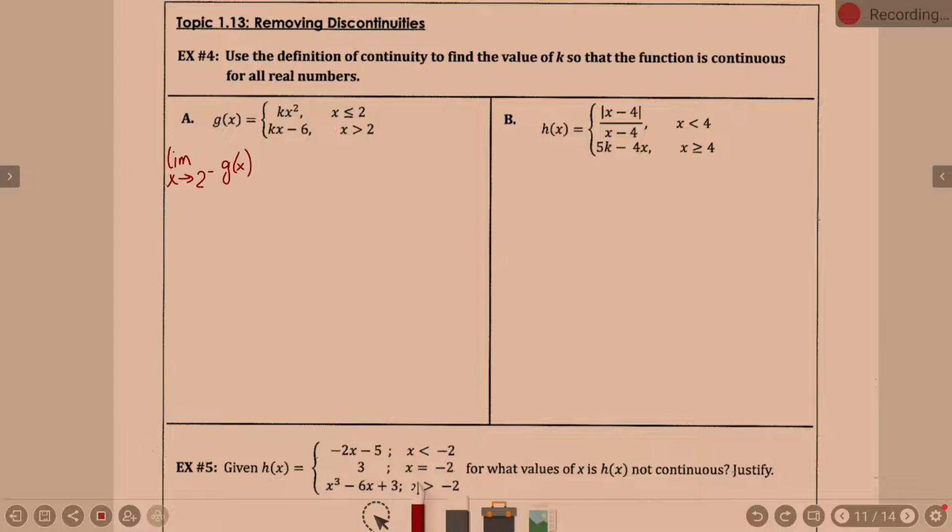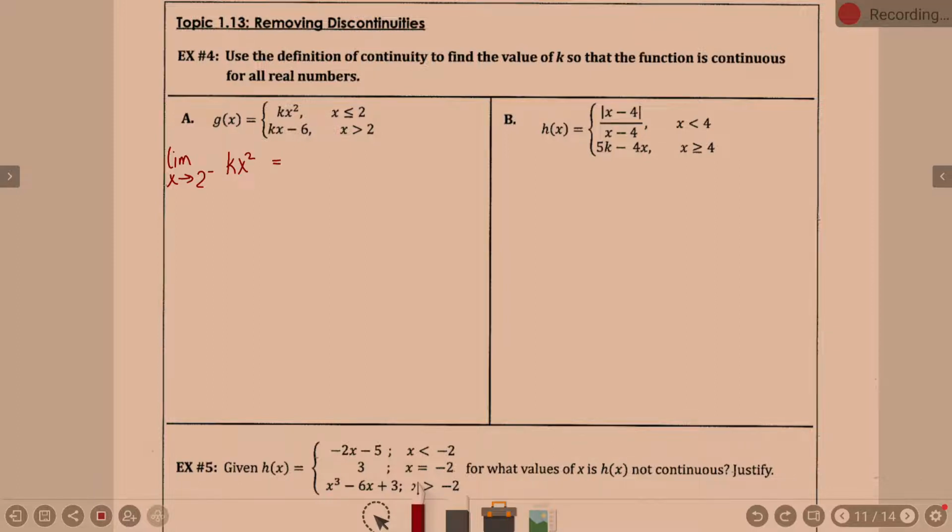And I said g of x, but which piece of the function do I need to use here? If we're talking about as x approaches 2 from the left, we're using the kx squared, yes?